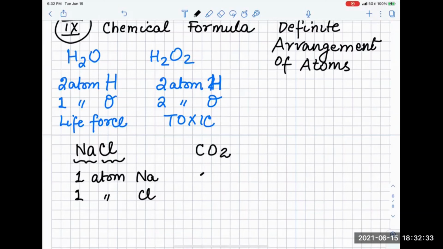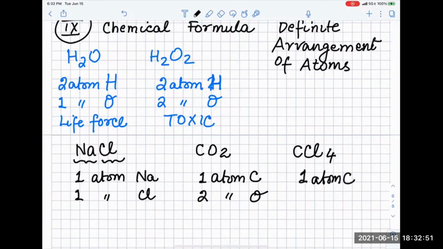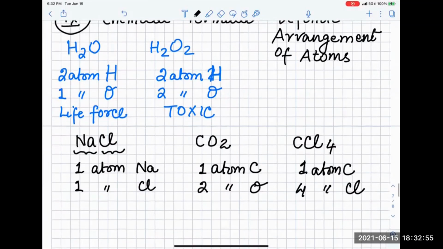This means 1 atom of carbon and 2 atoms of oxygen. Okay. For example, you have CCl4. This means 1 atom of carbon and 4 atoms of chlorine. Okay, let's look at a few more.